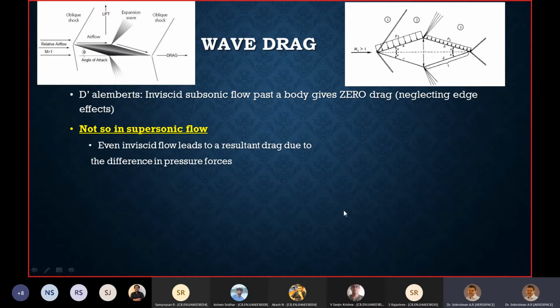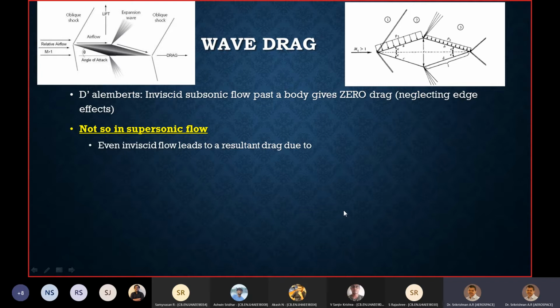In supersonic flow, even in the absence of viscosity, you have pressure differences, or force imbalance, or in other words, you may have a resultant force in a direction opposite to the flow, which is what we call a drag, right?